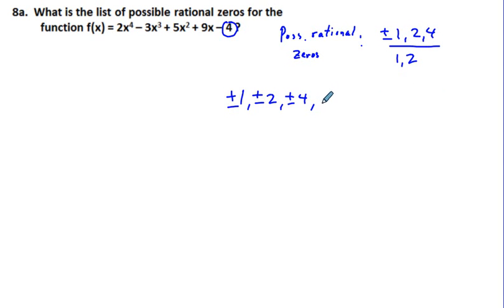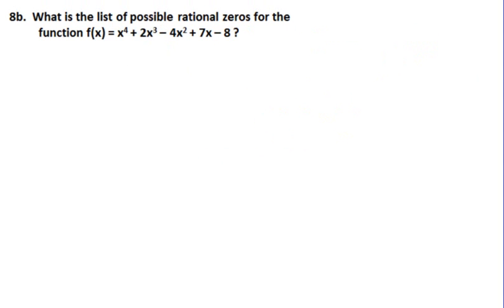Well, 1 over 2 is 1/2, and 2 over 2 is 1, which we already have, and 4 over 2 is 2, which we already have. So this is going to be our list of possible rational zeros for this function. And then 8b is a similar type of problem.